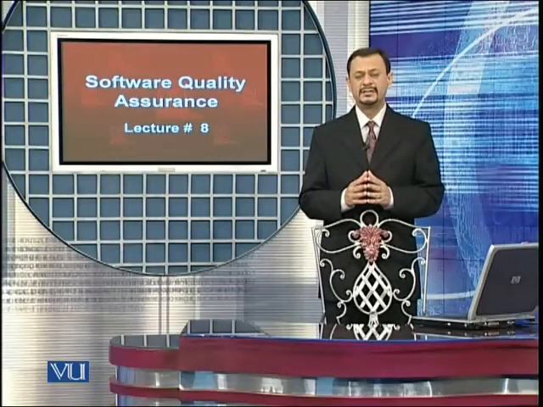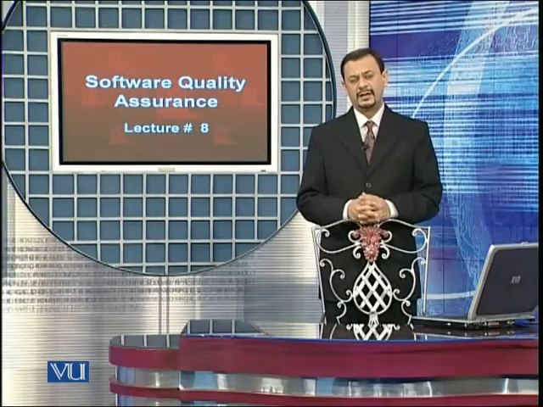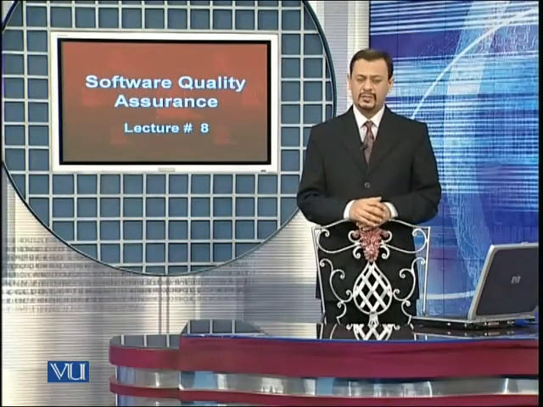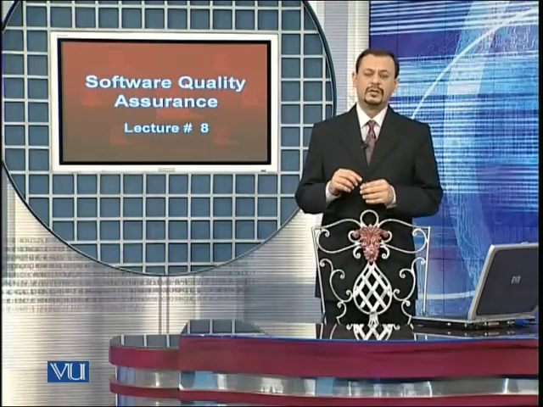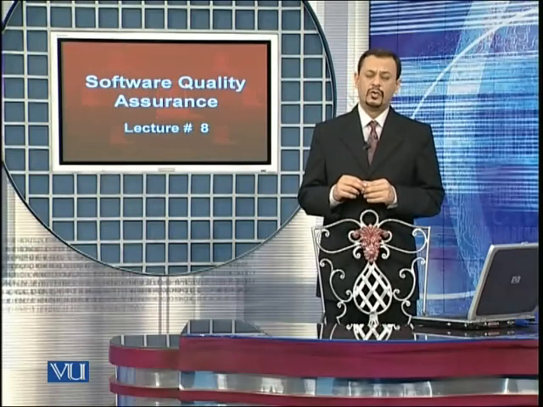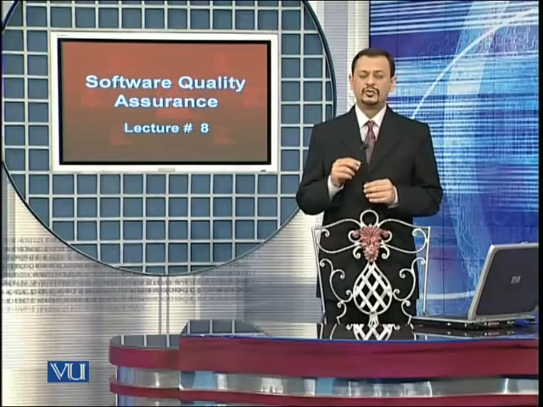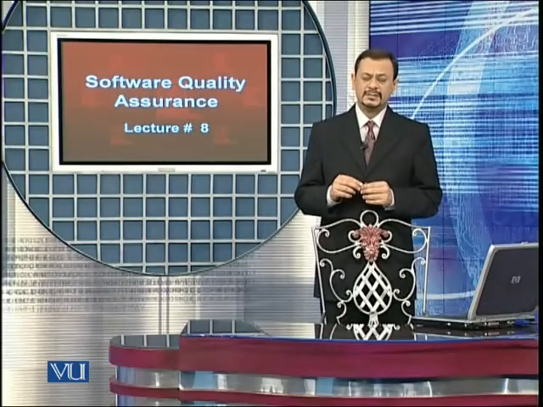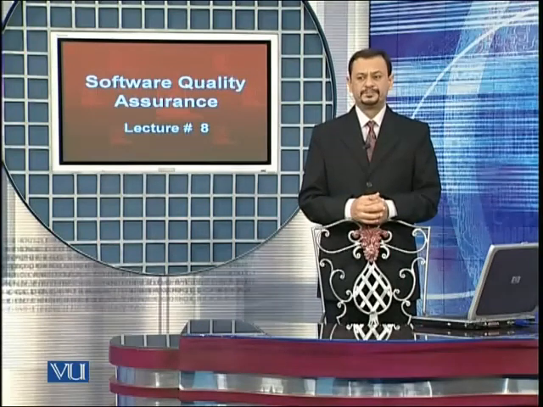And with that continuous effort, we can be sure that the agreed upon set of requirements is of high quality and it meets the quality criteria, quality attributes for software requirements engineering. We will talk about these different quality attributes in the next lecture.